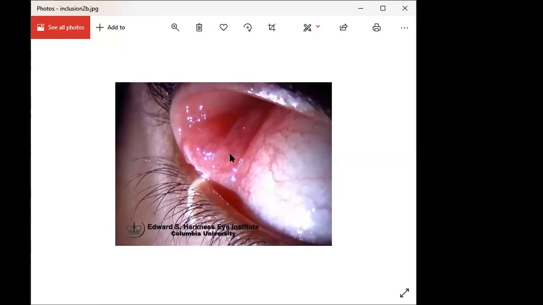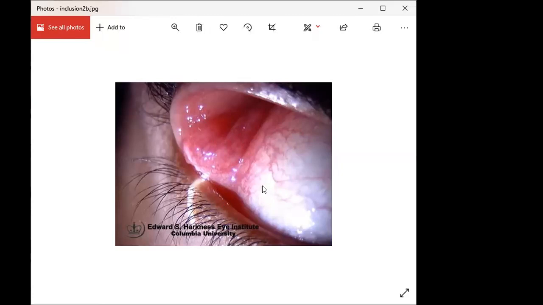The signs and symptoms are the same as trachoma: swellings, follicular swelling, and pannus, which here starts from the inner canthal region.